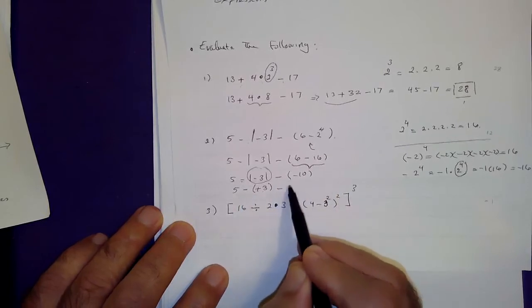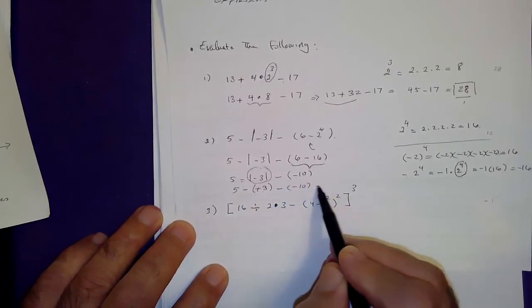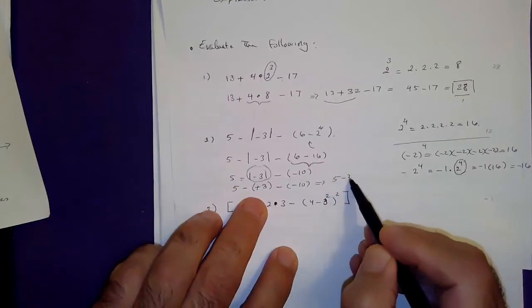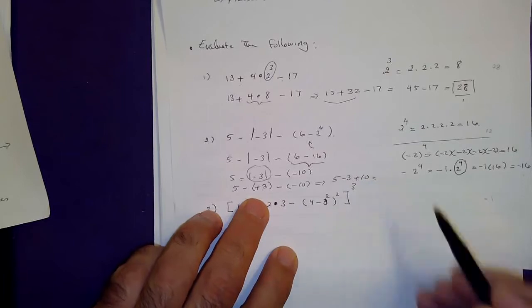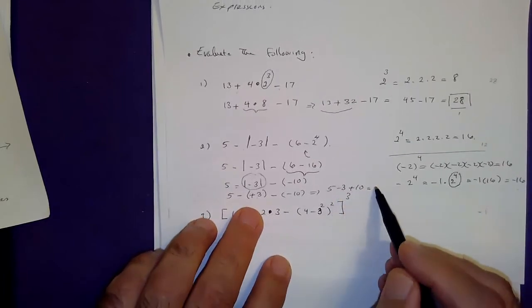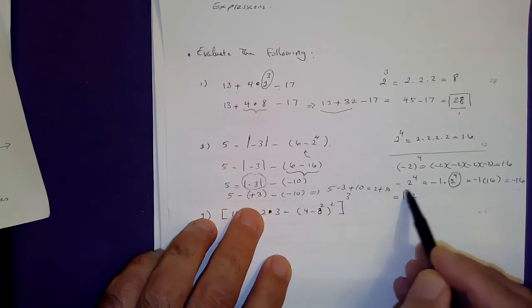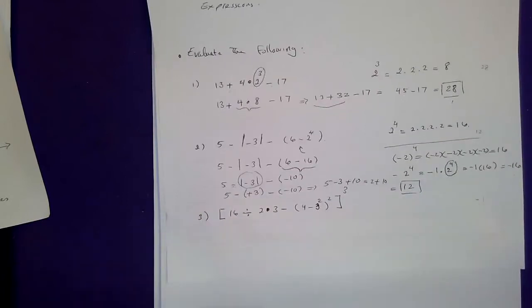And this guy is negative 10. So as you go from left to right, that would be like 5 minus 3 plus 10. 5 minus 3 is 2, 2 plus 10, the final answer is 12. Do you see it? Okay.